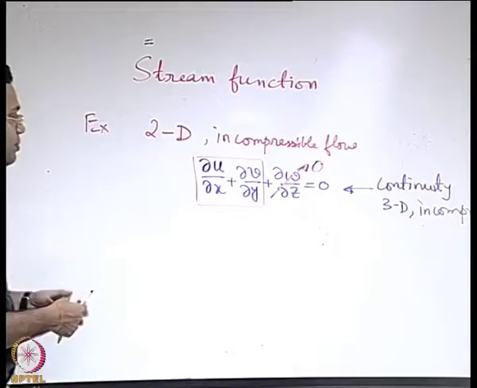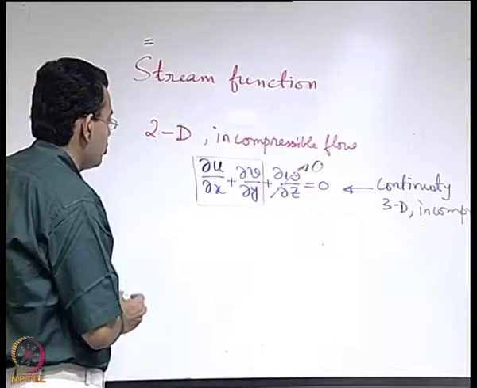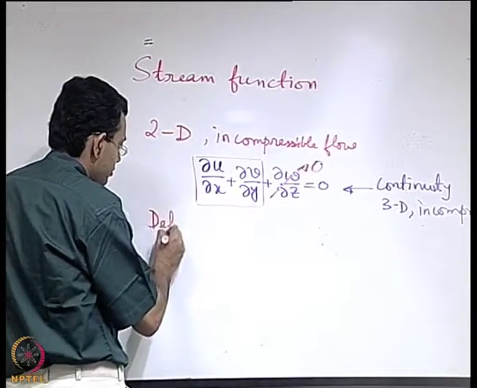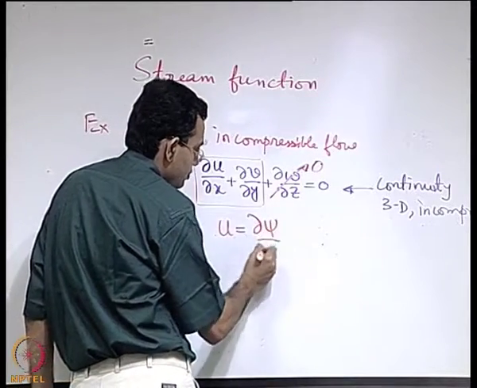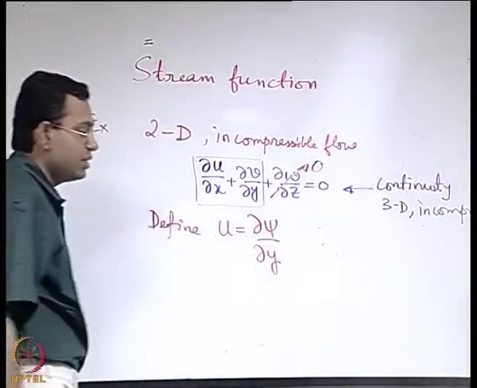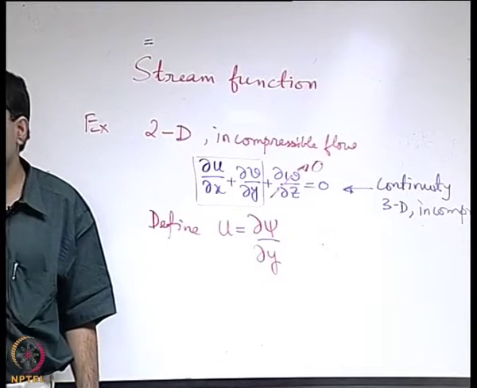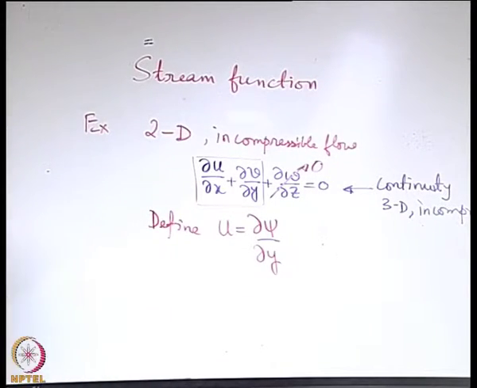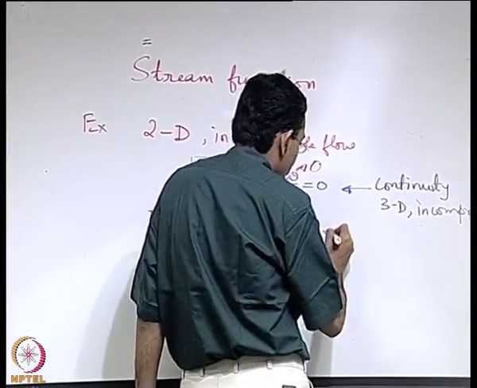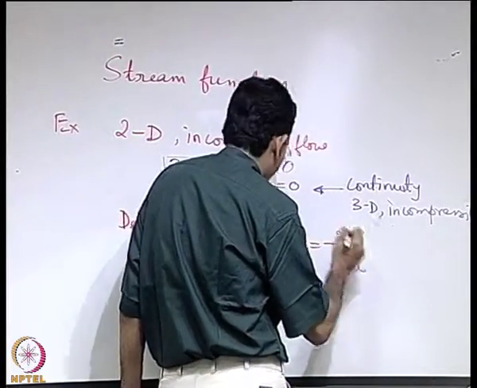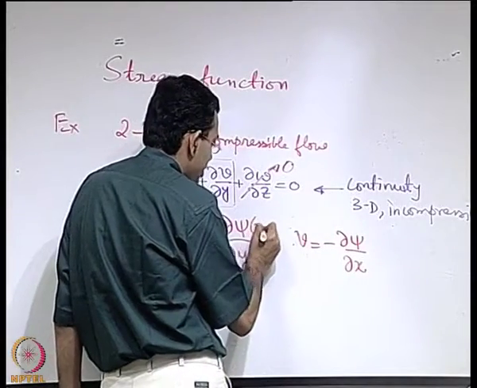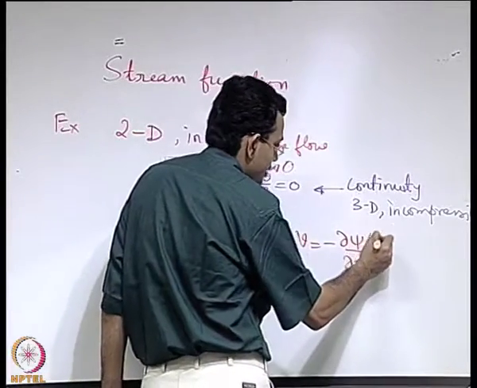So, what type of parameter may we choose? Let us say we define u equal to partial derivative of psi with respect to y, and v equal to minus partial derivative of psi with respect to x, where psi is a function of x and y.